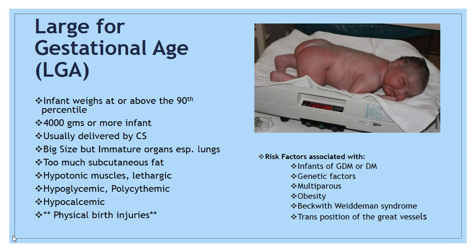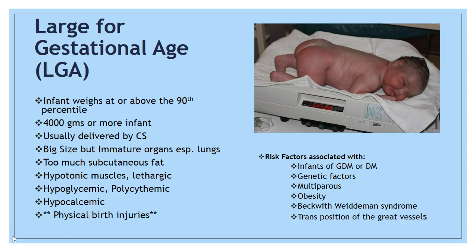And usually these guys will be delivered by C-section because they are macrosomiacs, and typically there'll be some type of cephalopelvic disproportion that hinders them from being born vaginally. Not always, but most times.